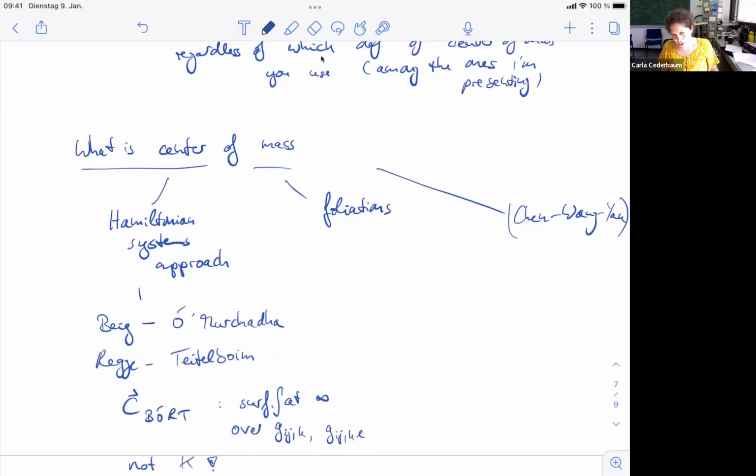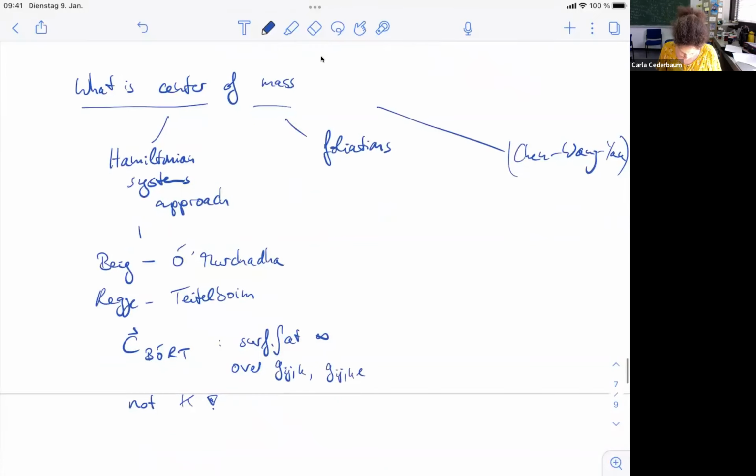And of course, it doesn't always converge. There is a sufficient condition for convergence written down by Regge and Teitelbaum, and we can talk about those later if someone is interested. But for now, let me say that it doesn't always converge under these asymptotically Euclidean conditions that I mentioned, as we should have expected from the example already in Newtonian gravity, and it doesn't involve K.